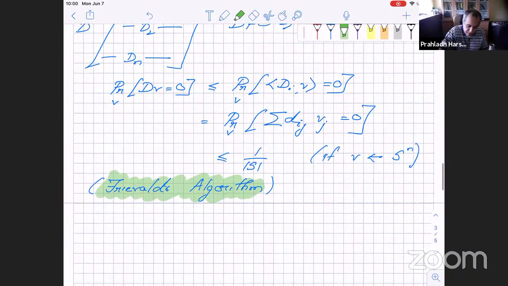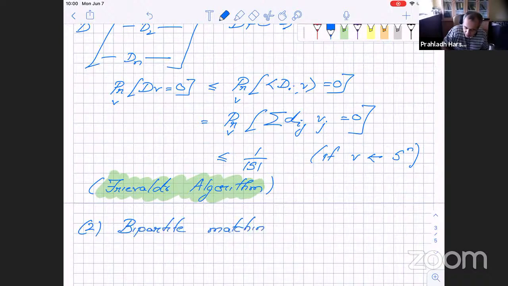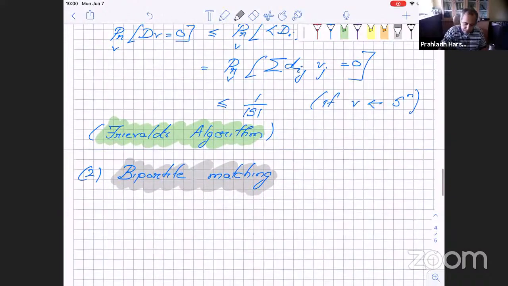It is checking bipartite matching. So what's the problem here?